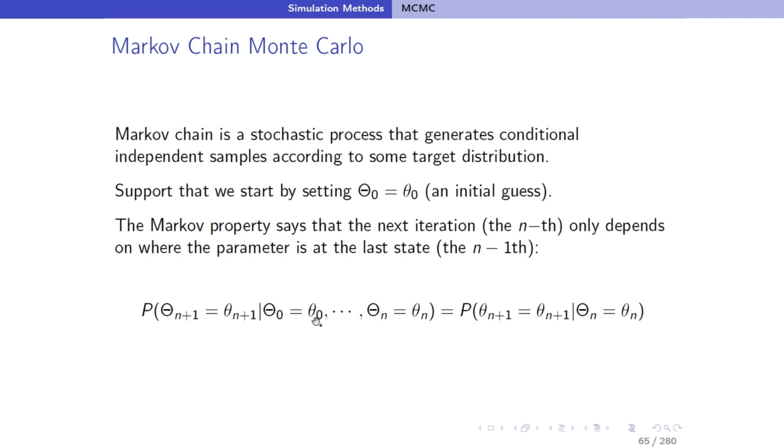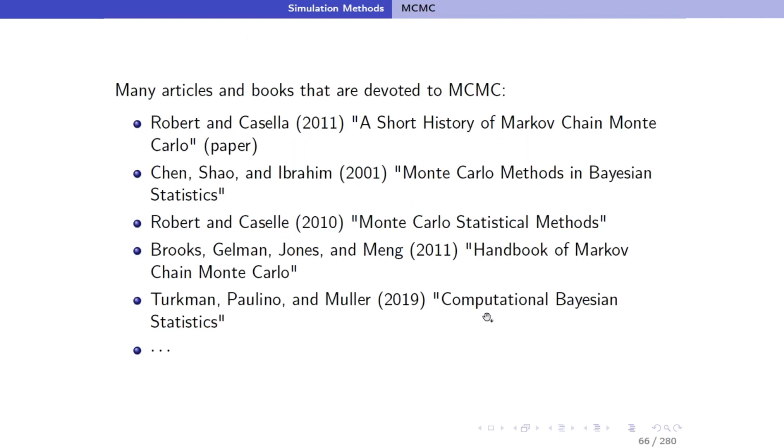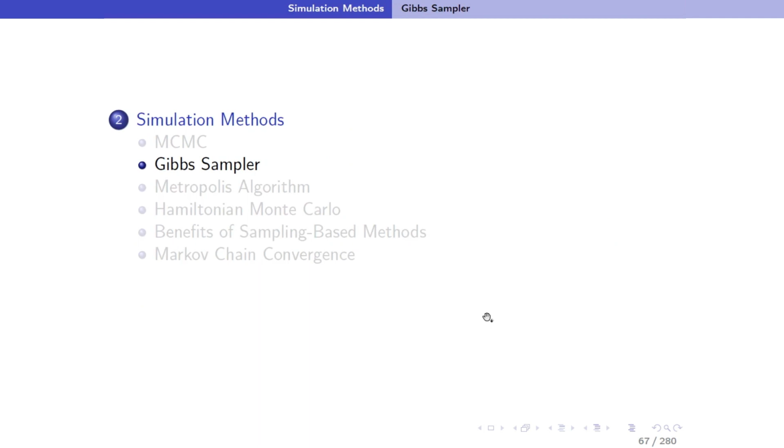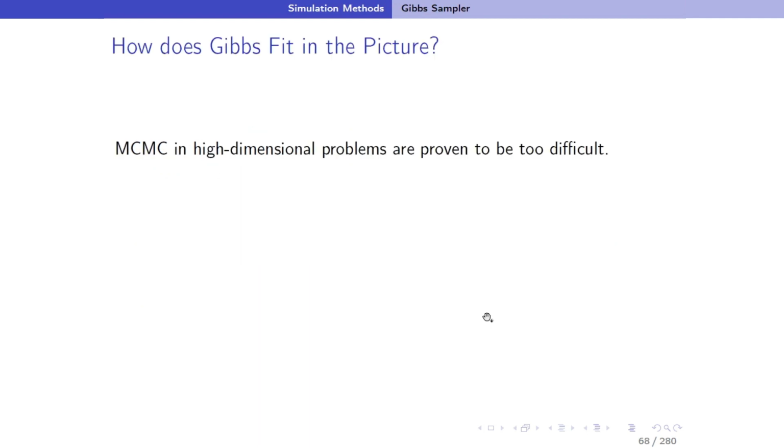But the Markovian property is that the sequence only depends on the most recent ones. Given the most recent one, you sample the new one, and given the new one, you sample another one, forming the basis of a Markov chain. Here is a list of papers, articles and books devoted to MCMC, and you can check them out. Now you may ask, where does the Gibbs idea come into the picture?